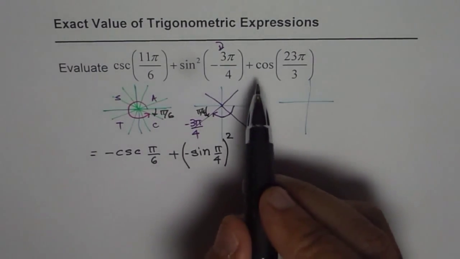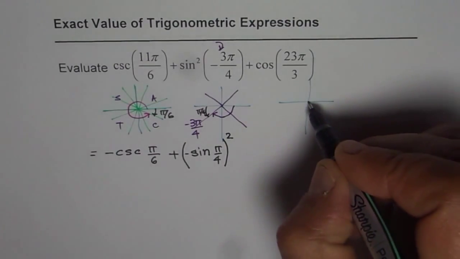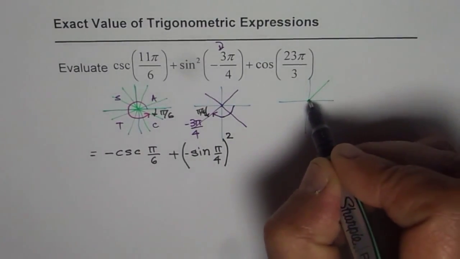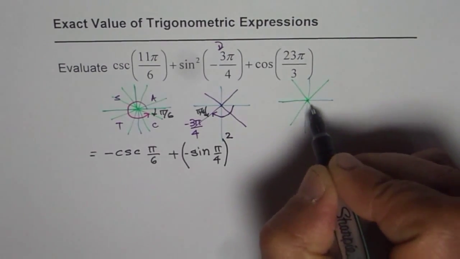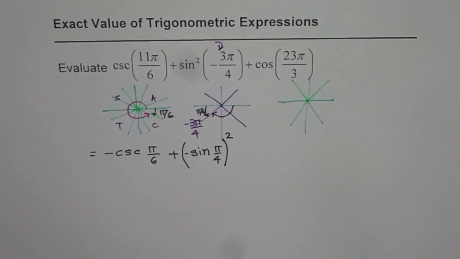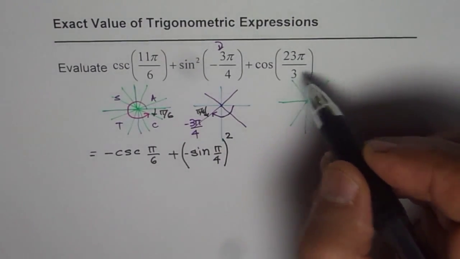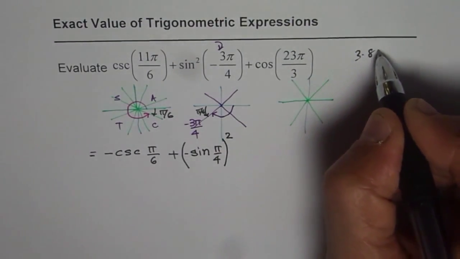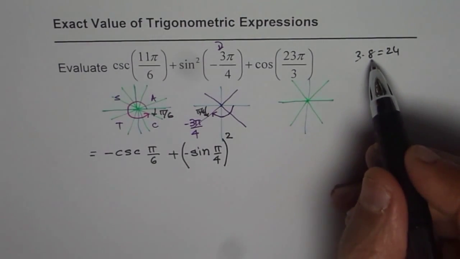Correct? Let's look into the last one, which is 23 pi by 3 of cosine. Now, when we have pi by 3, that means pi is divided into 3 portions. So 1, 2, 3, 4, 5, 6. 23 means 3 times 8 is 24, that means 1 less than 8 circles, correct?